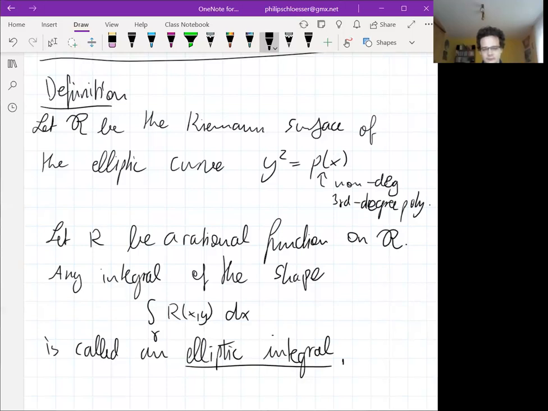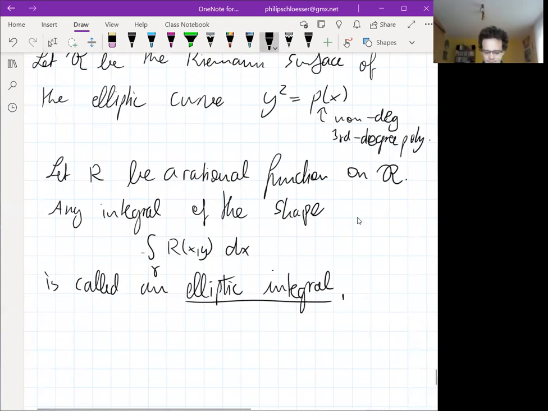Note that, firstly, we are working on a Riemann surface of an elliptic curve. An elliptic curve, we have seen, is isomorphic to a torus, so that Riemann surface should have non-trivial homology, meaning that integrals are in general path-dependent. So it doesn't just suffice to say the integral from some point to some other point. No, we have to specify the path.